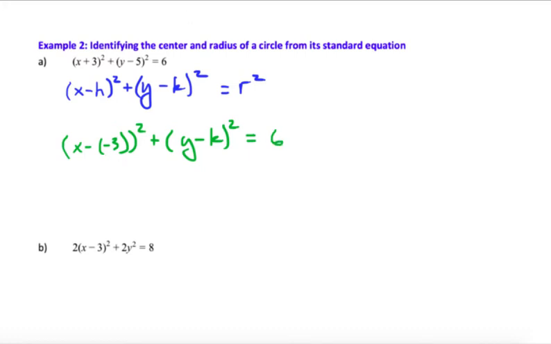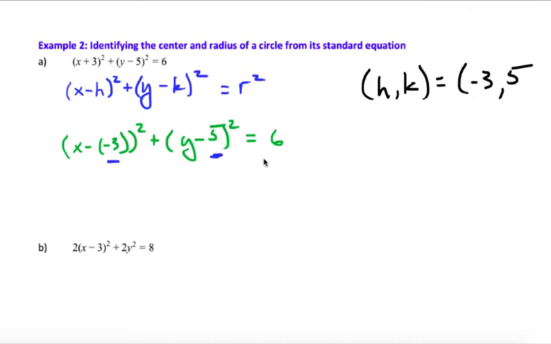Okay, so now it's easy for me to see that here is my h and here is my k. So I know that h comma k is the center, the point negative 3 comma 5. This piece right here should be our 5.